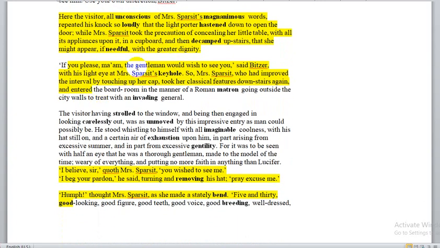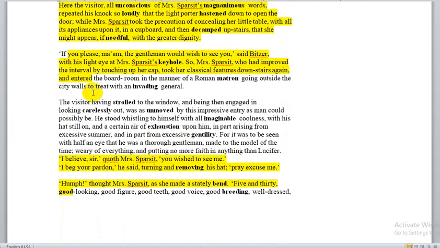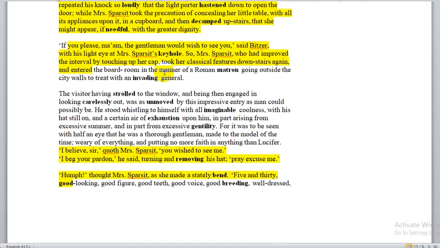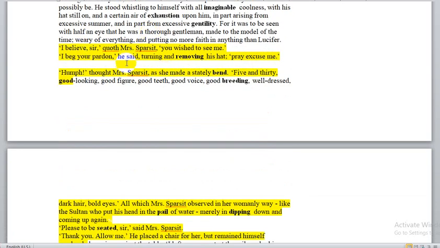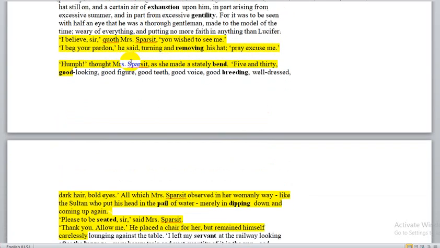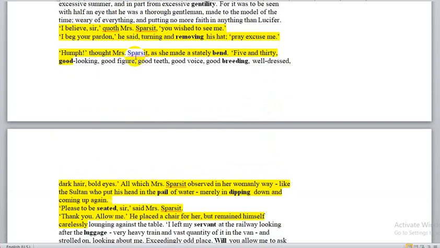"If you please, ma'am, the gentleman would wish to see you," said Bitzer, with his light eye at Mrs. Sparsit's keyhole. "I believe, sir," quoth Mrs. Sparsit, "you wish to see me?" "I beg your pardon," turning and removing his hat. "Pray excuse me."